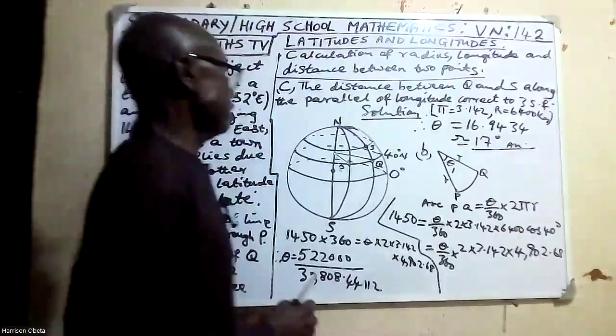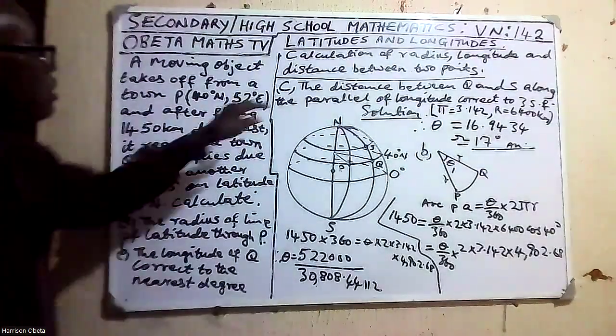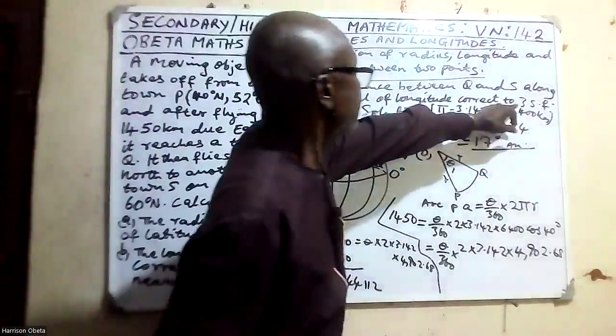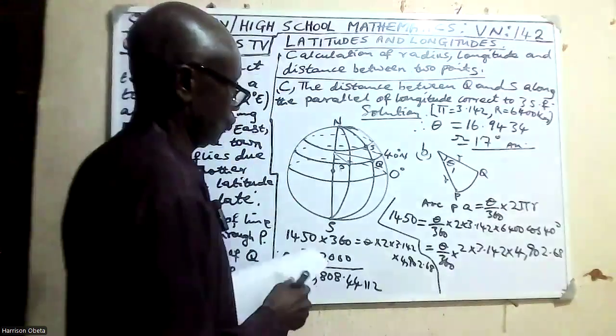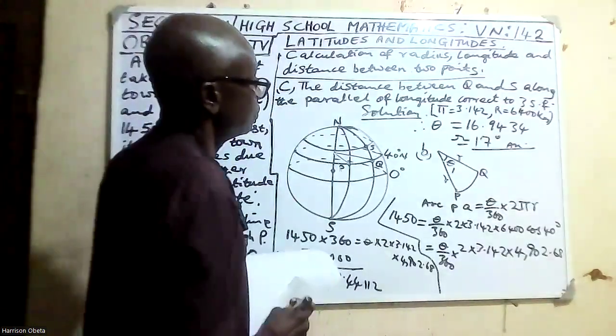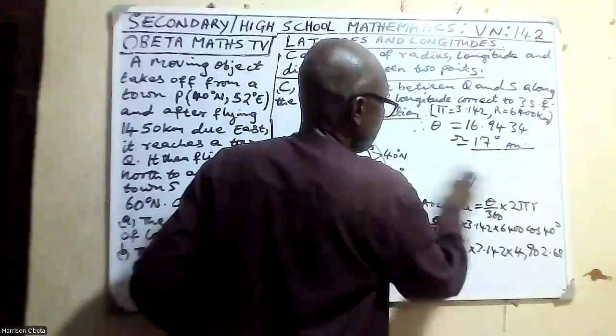So theta is that. Now we are going over to question C. The distance between Q and S along the parallel of longitude.